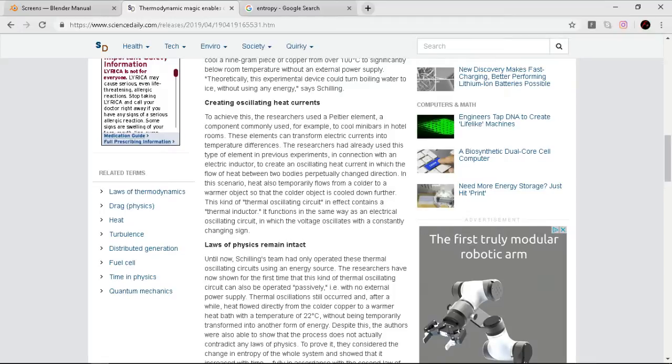Creating oscillating heat currents. To achieve this, the researcher used a Peltier element, a component commonly used, for example, to cool minibars in hotel rooms. These elements can transform electric currents into temperature differences.